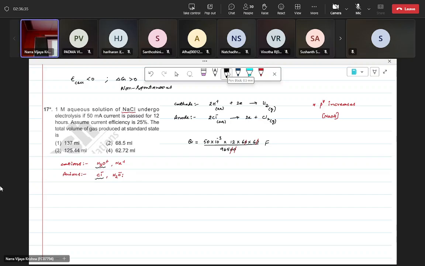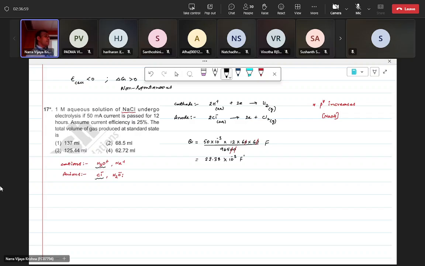So 50 into 36 into 12 divided by 965. That is 22.38 into 10 power minus 3 Faraday.